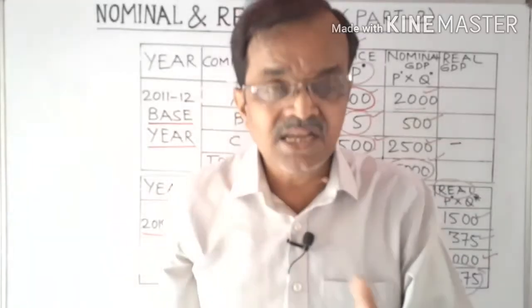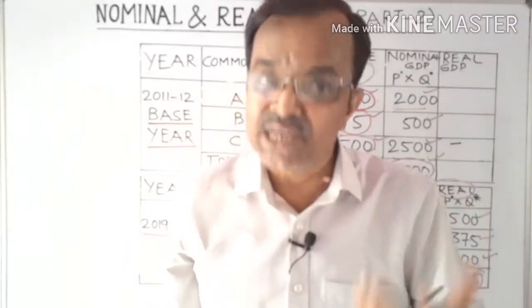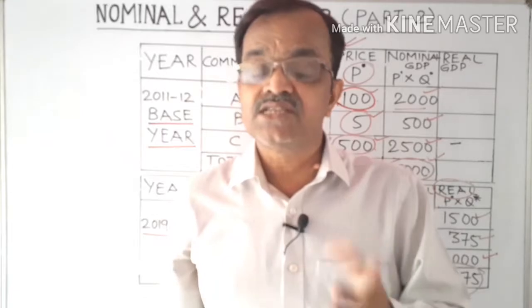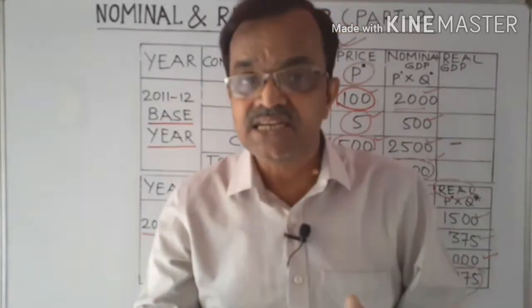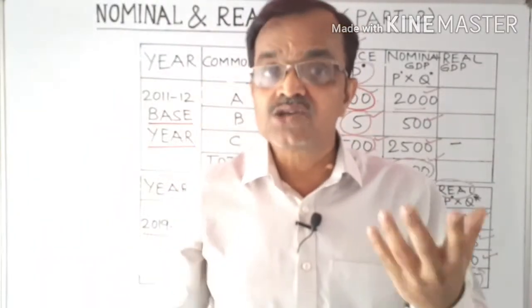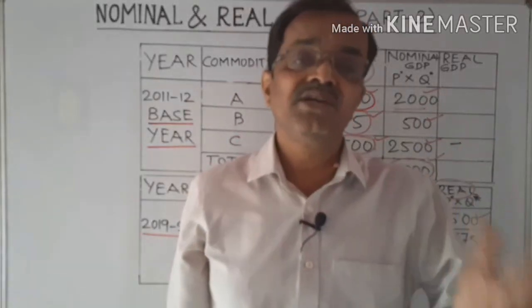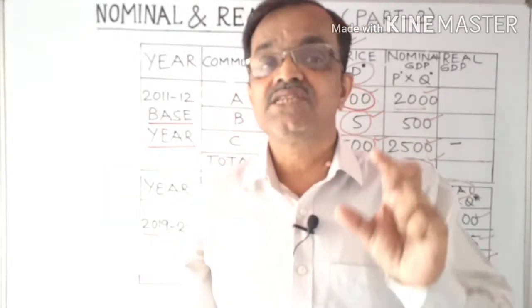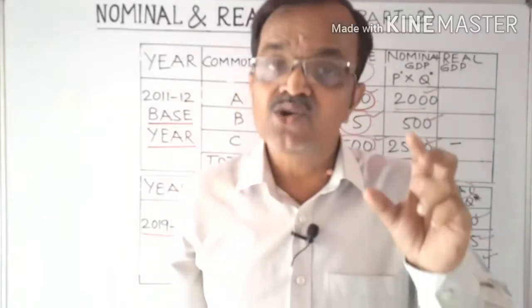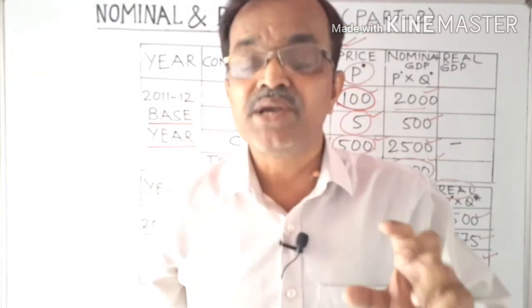GDP at current prices कभी कभी सही तस्वीर इकोनॉमी का पेश नहीं करता, लेकिन रियल जीडीपी और जीडीपी एट कांस्टेंट प्राइसेस always indicate the real status of the economy, whether there is growth, degrowth or simply a stagnant economy, मतलब ना आगे गया ना पीछे आया, जहां थे वहीं पर रह गए. तो ये चूंकि सही स्टेटस बताता है, इसलिए GDP at constant prices और real GDP may be said to be a better indicator of economic welfare.